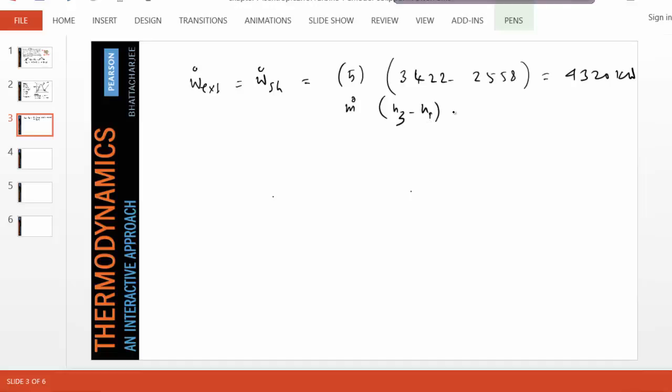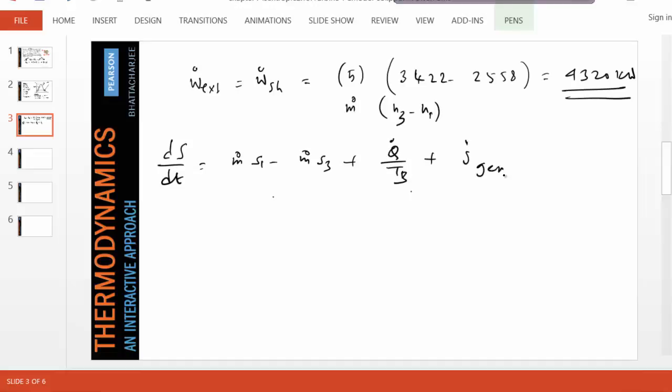So therefore, the shaft work is found. We'll come and verify that in a second. Let's first figure out the entropy generation. dS/dt will be m dot S1 minus m dot S3, plus Q dot over T_B, plus S dot gen of universe.